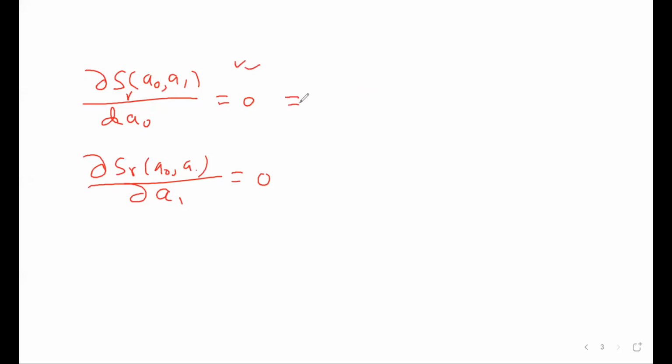Is it not equal to -2 into the sum from i equal to 1 to n of (yi minus A0 minus A1 xi)? Is it okay? From where did this -2 come, sir?